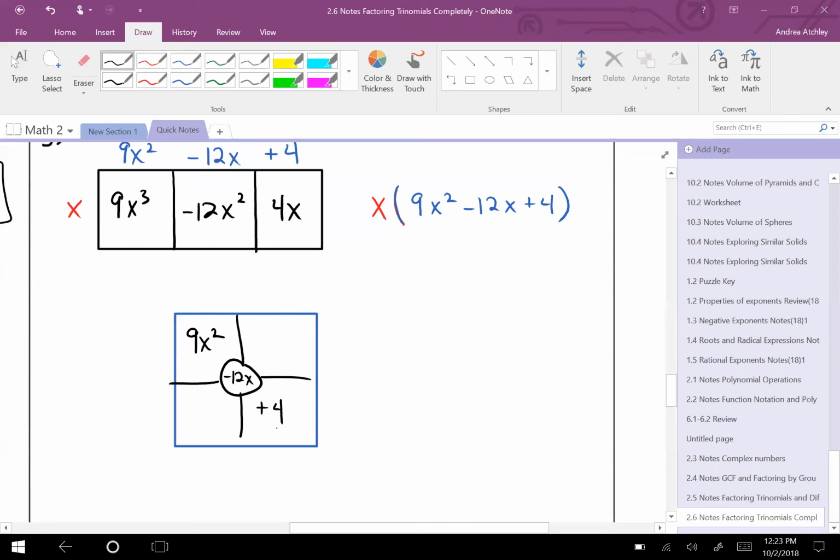Okay, what multiplies to 9, class? 3x and 3x. And what multiplies to 4? 2 times 2. So then 2 times 3 is 6x, and 3x times 2 is 6x.